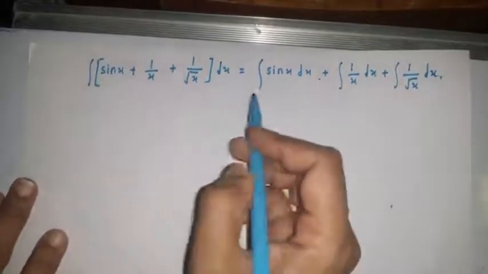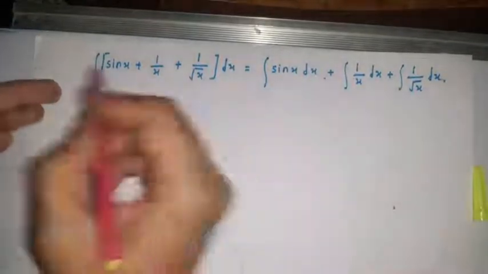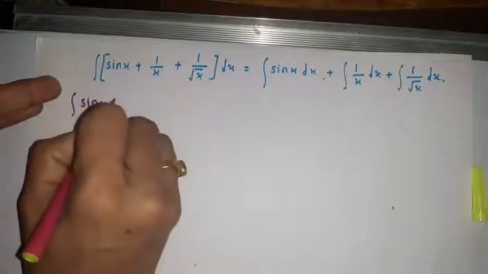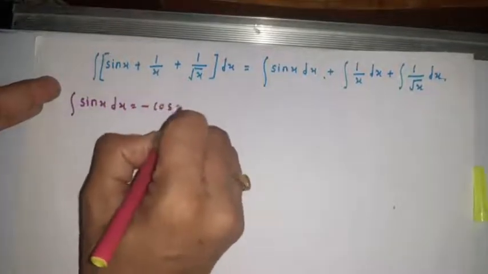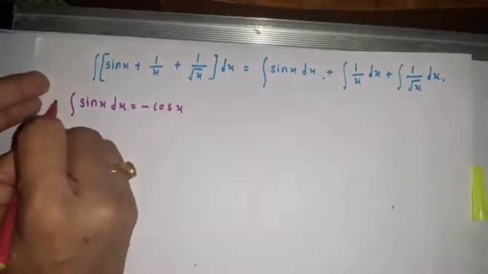Okay students, for the first function, we know that the integration of sin of x with respect to x is minus cos x. This is the direct formula for integration for the first function.